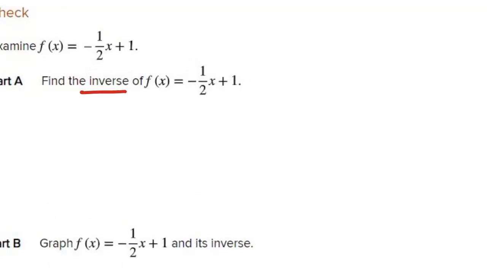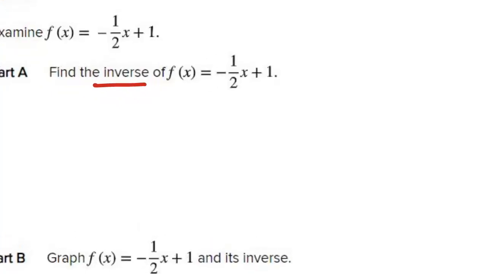When we're taking inverse, the main idea is to switch x and y. Do I have a y here? No. So we need to substitute y in for one of these terms, if you will. Where can I put that y? You need to replace f of x with y and make this y equals negative 1/2 x plus 1.